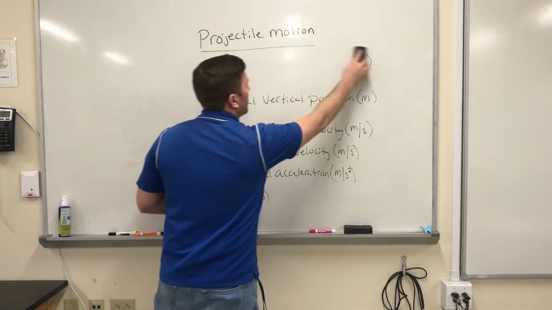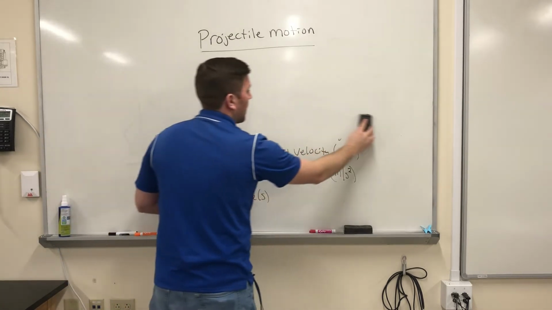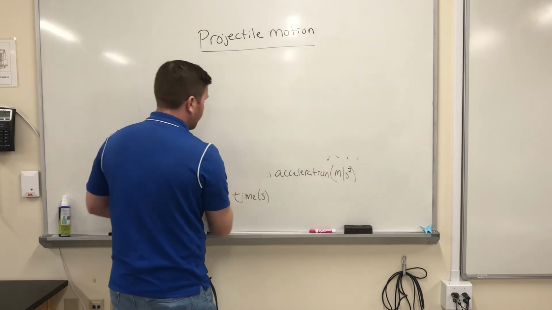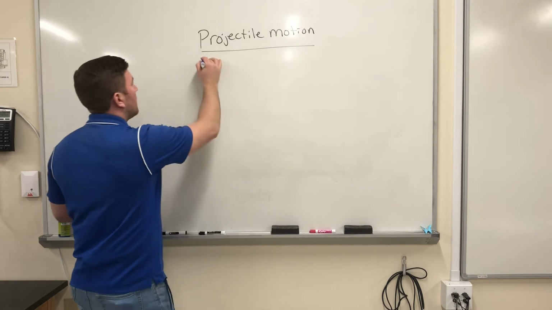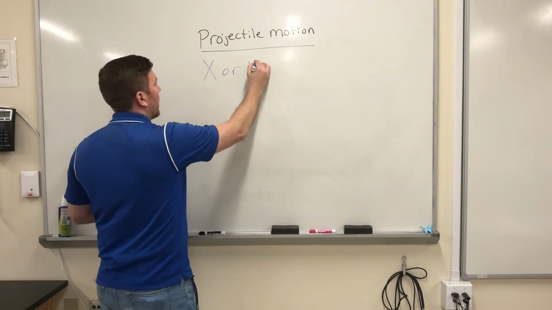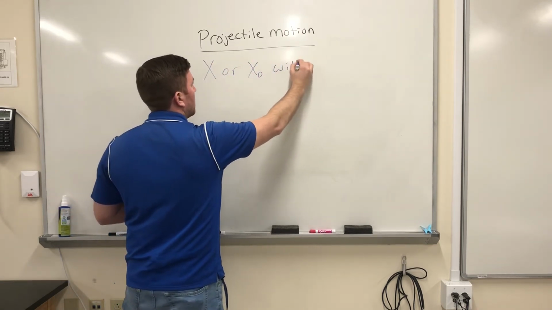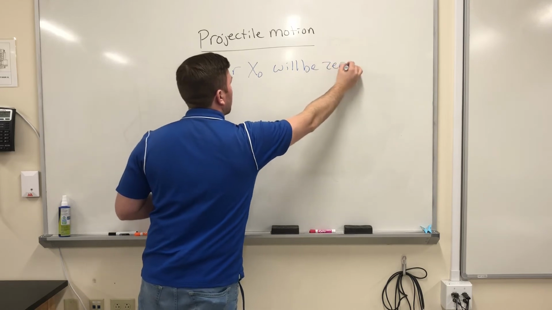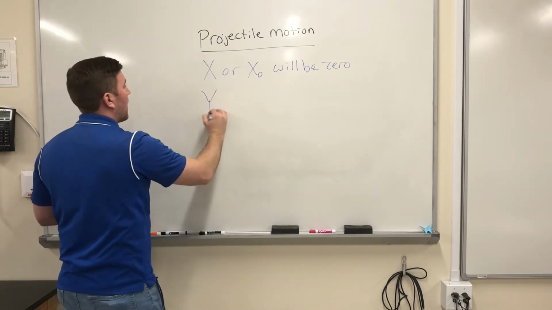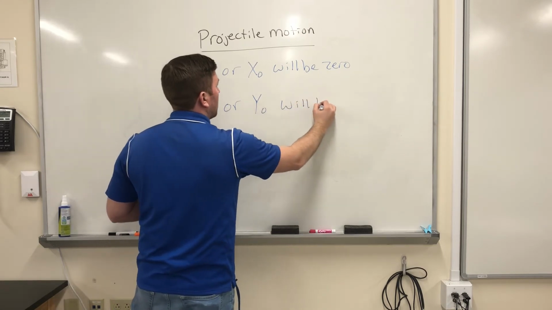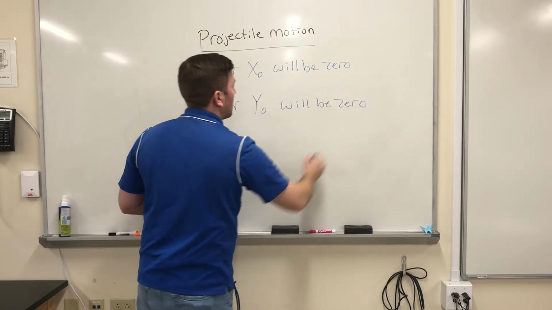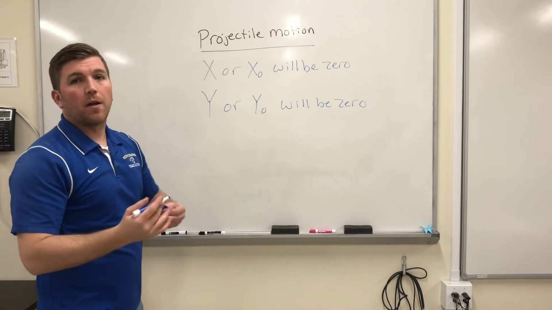So some other quick hints and quick helpful tips for doing problems are related to projectile motion. Very often, x or xo will be 0. Also very often, y or yo will be 0. Position is relative.